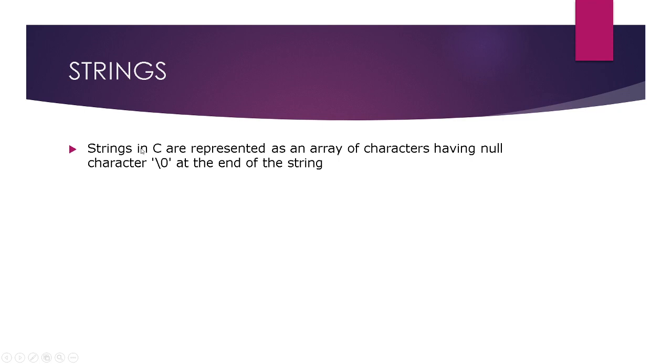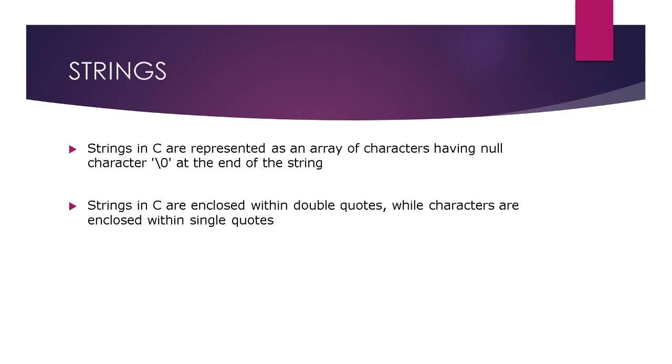Okay. For now, just understand that strings are nothing but an array of characters having a null character at the end of the string. Okay. And another point to remember is characters in C are enclosed within single quotes, while strings are enclosed within double quotes. So if I assign a character variable the value x, I need to give it in single quotes. But if I'm using a character array, that is a string, we need to give double quotes here.